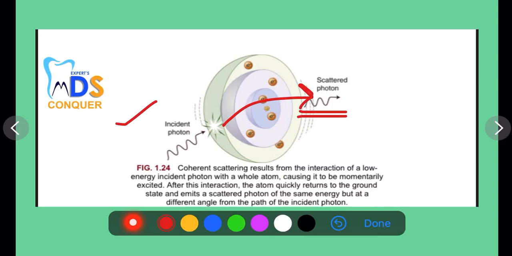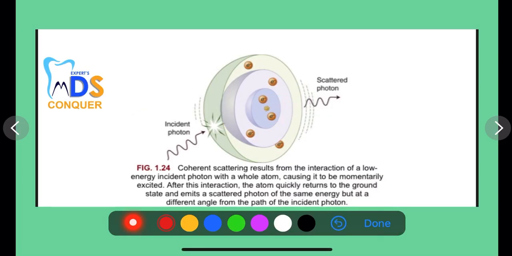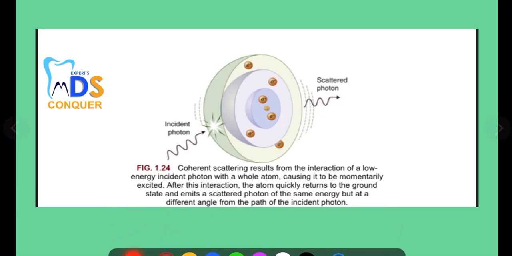This is coherent scattering, also called classic, elastic or Rayleigh scattering. It is a simple concept: the incident photon momentarily excites the outermost electron of the matter and ceases to act. Later, the interaction produces a scattered photon with the same energy but at a different angle from the path of the incident photon.